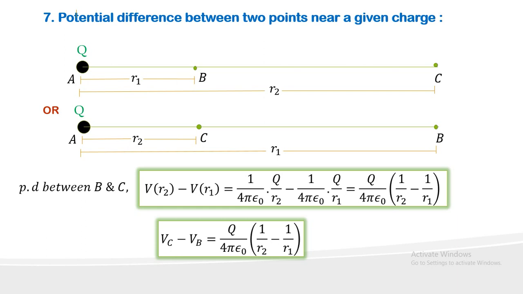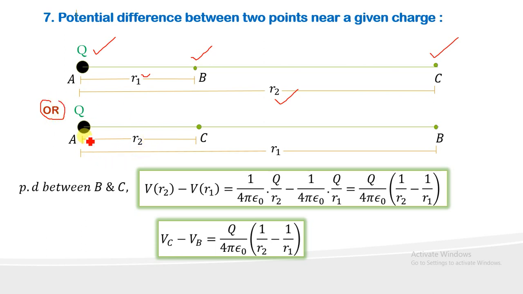Next is potential difference. An important point about potential difference. See the situation here. Suppose there is a point charge Q at A, and at a distance r1 from it, there is a point B, and at a distance r2, there is another point C. r1 and r2 can be smaller or bigger, vice versa.